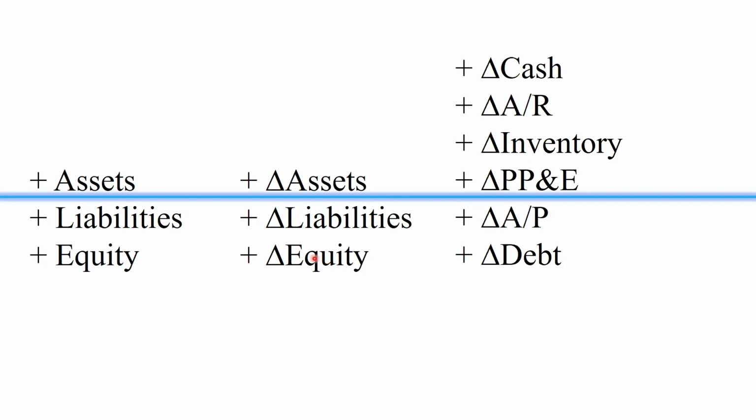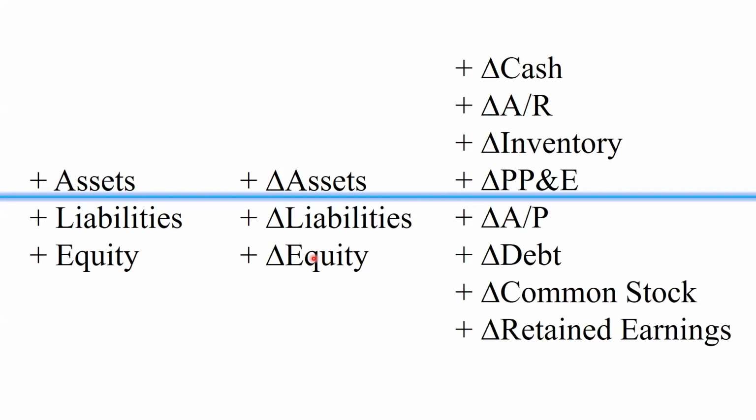Okay, and then finally, that change in equity, what are we going to split that into? Well, we're going to split that into the change in common stock plus the change in retained earnings. Okay, so all we've done in this step is split assets, liabilities, and equity into components: assets into 4 components, liabilities into 2 components, and equity into 2 components.